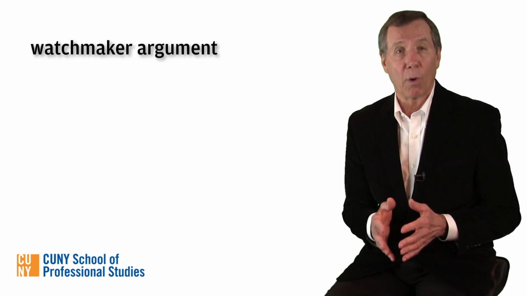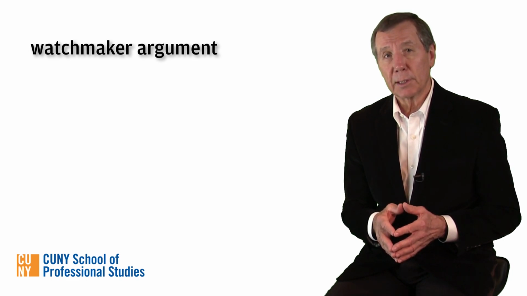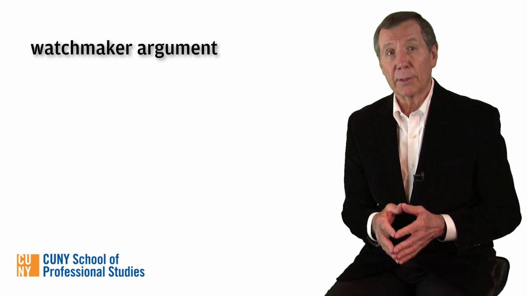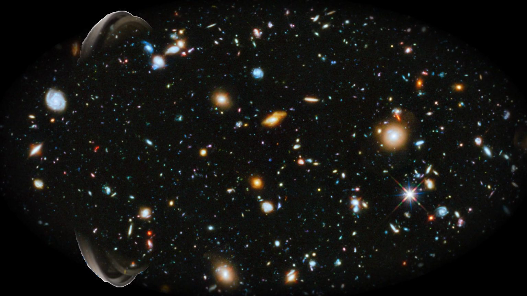Now that you know how analogies are formally structured, let's close with a famous analogical argument from the 17th century, the so-called Watchmaker Argument, which purported to prove the existence of a supreme being, that is, God, based upon the design similarities between a watch and the universe.